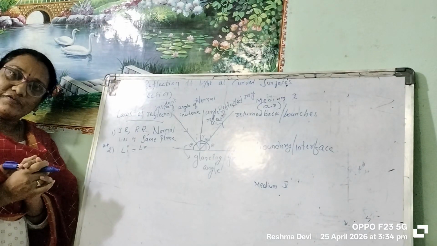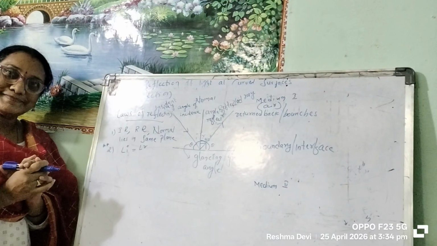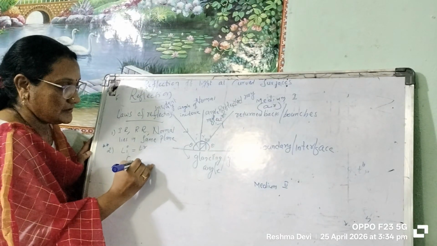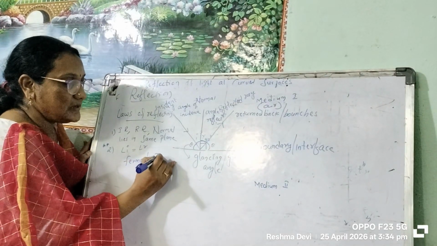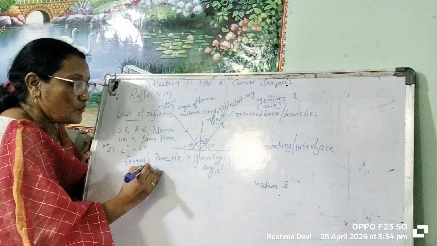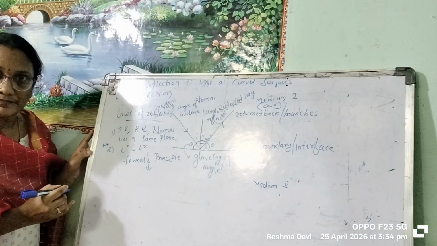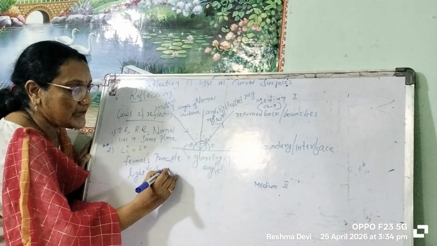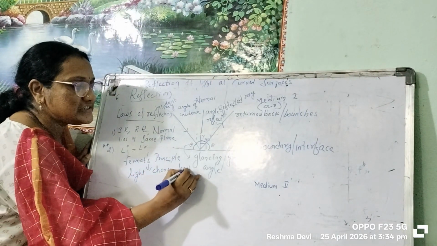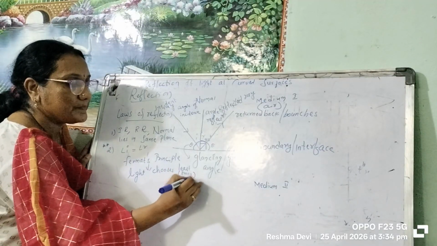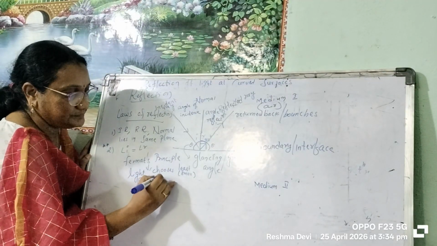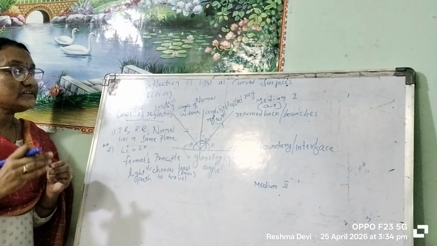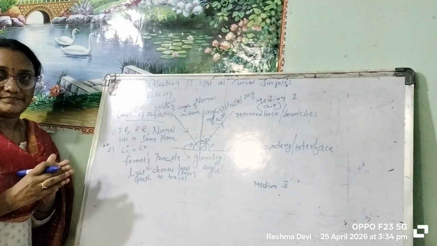Do you know why angle of reflection is equal to angle of incidence? This explanation is given by Fermat's principle. What Fermat's principle says is that light every time chooses the least or small path to travel.